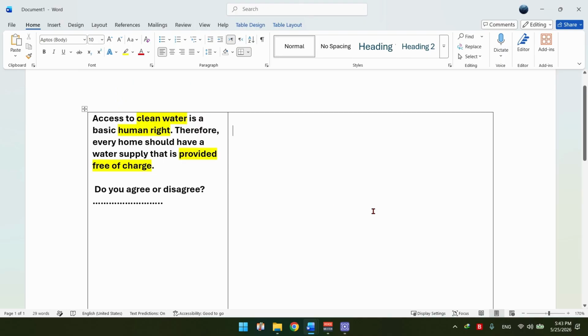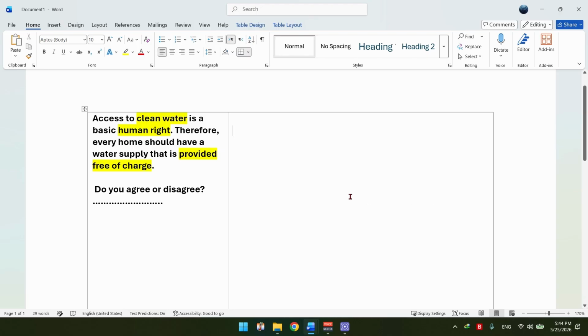So, what is my position here? Well, I agree that fresh water or drinkable water should be accessible to everybody. But I don't think it's a good idea to provide it for free to everybody. And that's what I'm going to develop.